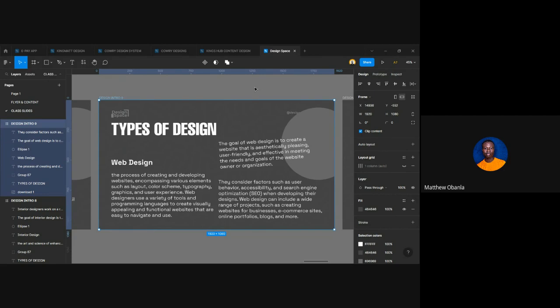Web designers use a variety of tools and programming languages to create visually appealing and functional websites that are easy to navigate and use. Those are the characteristics of a good web design. It has to be visually appealing, functional, and easy to navigate and use.